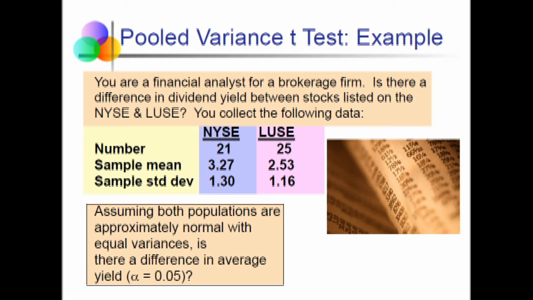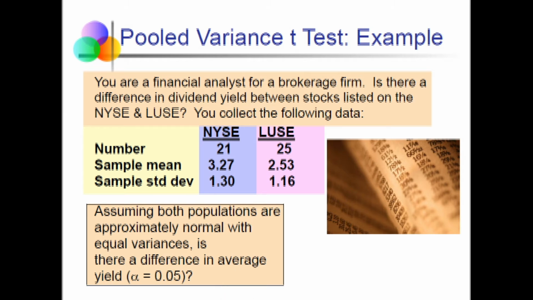You collect the following data. The sample size for the New York Stock Exchange is 21 and for the Lusaka Stock Exchange is 25. We have the means and the sample standard deviations. Assume both populations are approximately normal with equal variances. Is there a difference in the average yield at alpha equal to 0.05?